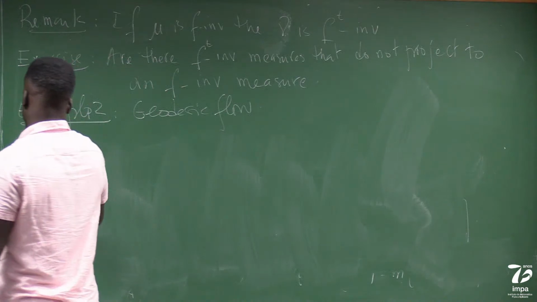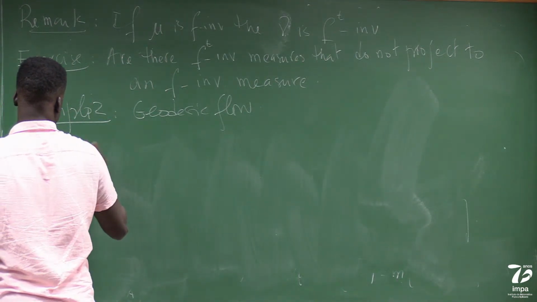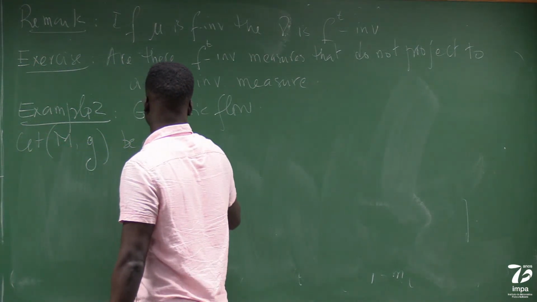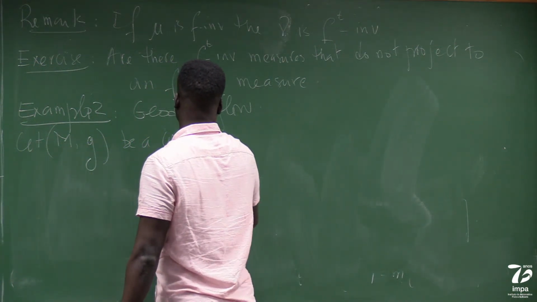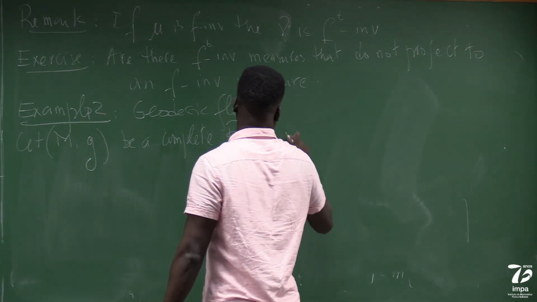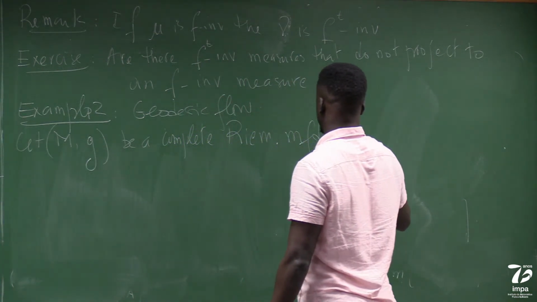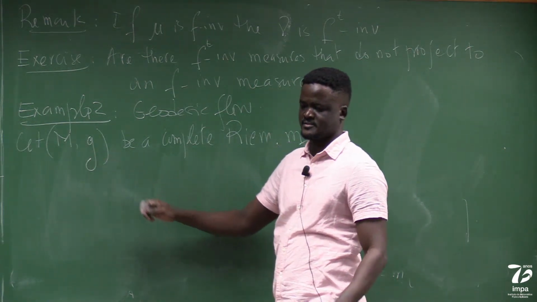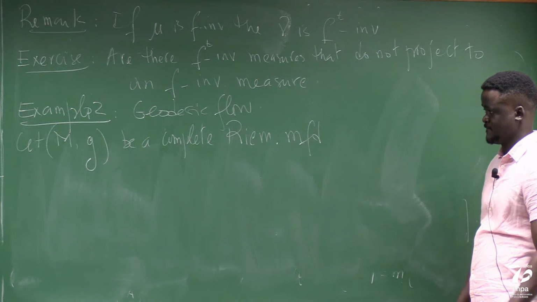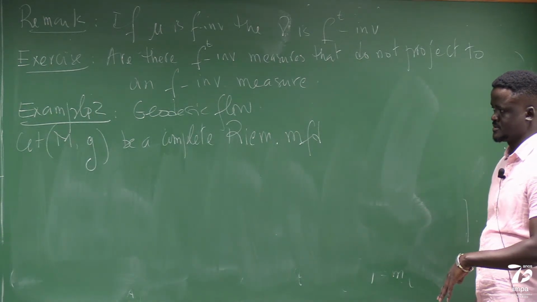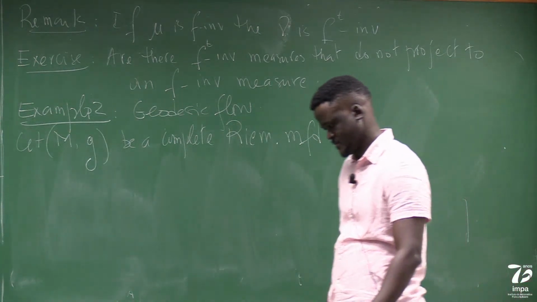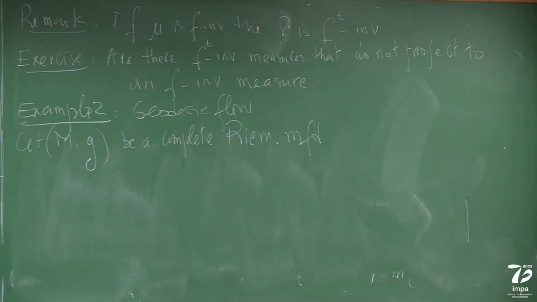So suppose that we let M, G be a complete Riemannian manifold. So G is a Riemannian metric. If you haven't done courses on Riemannian geometry, you don't need to worry too much about it.